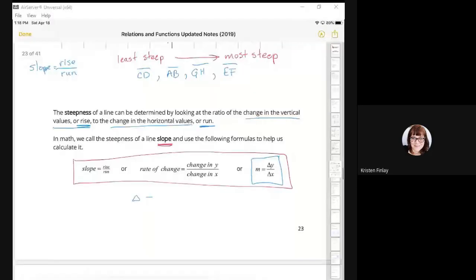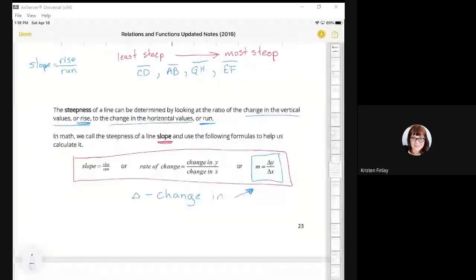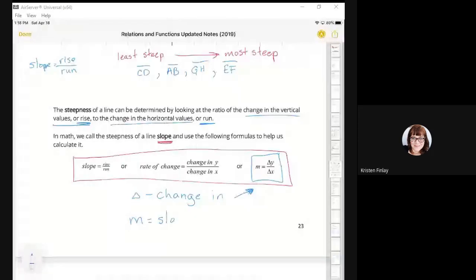The triangle means change in. So that's what that means. And m is our variable that we use for slope. So if you see m, we're talking about slope.